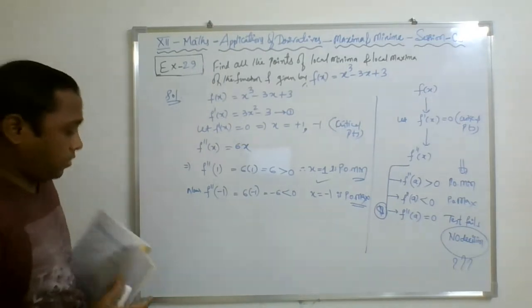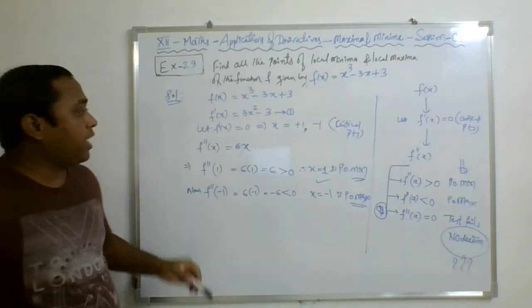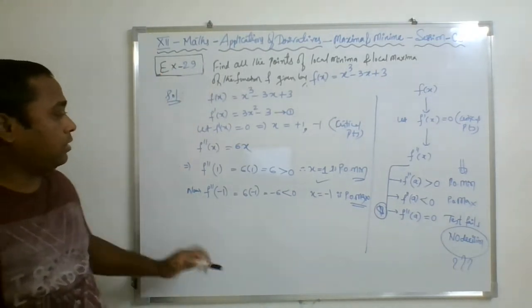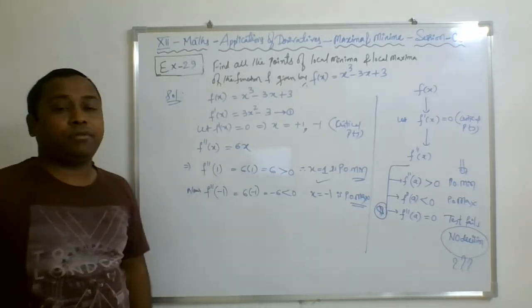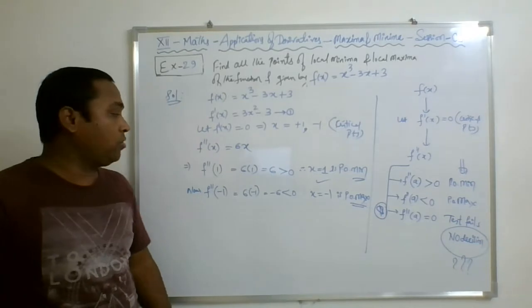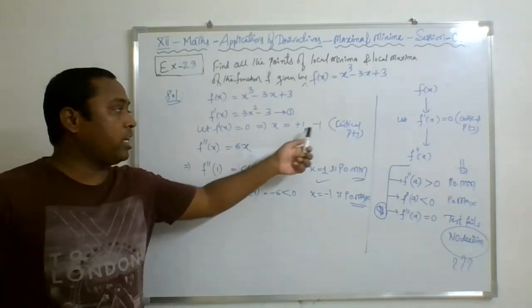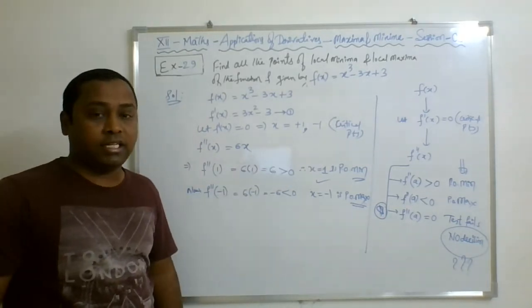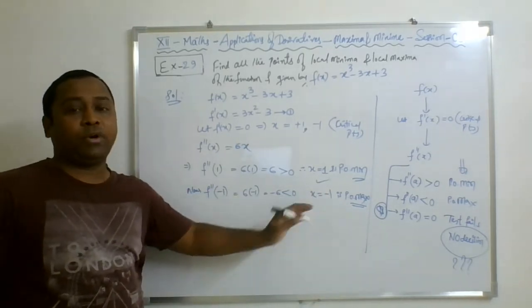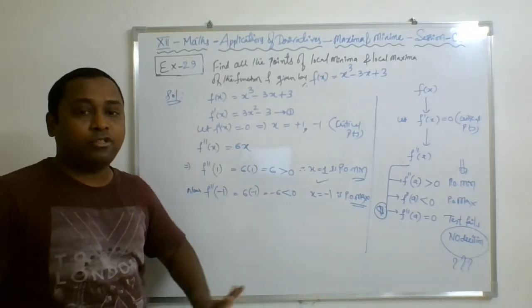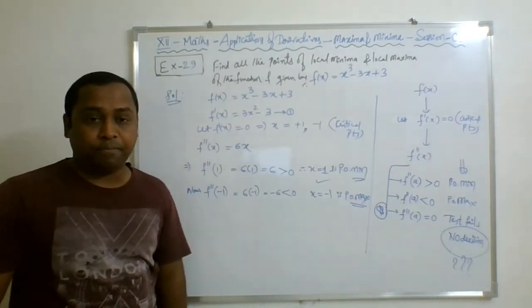So it is so simple to look at this solution and understand how the double derivative helps us find out whether the obtained critical points are points of minima or maxima in such a simple manner.